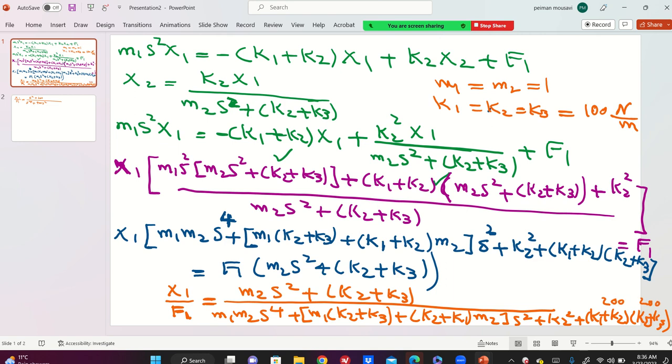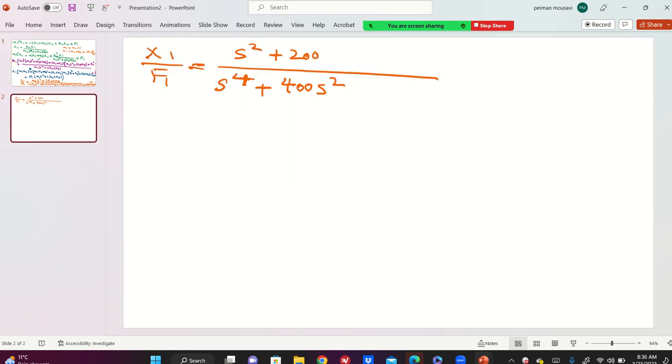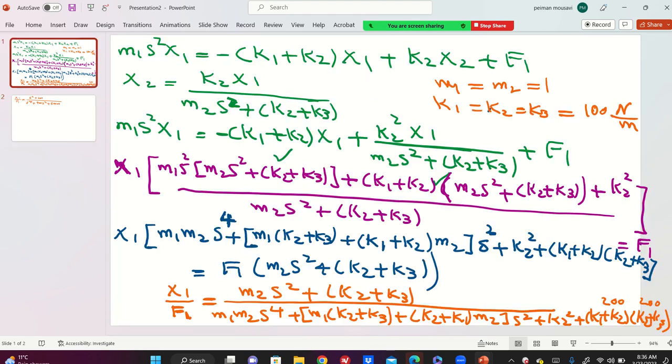It's gonna be how much? 40,000. 10,000, 50,000. Gonna be 50,000. Everybody agree? Yes? Everybody agree?